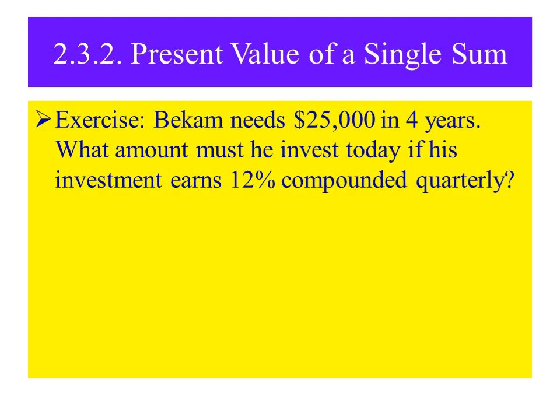In this exercise, Beckham needs to have $25,000 in 4 years. What amount must he invest today if his investment earns 12% compound quarterly?